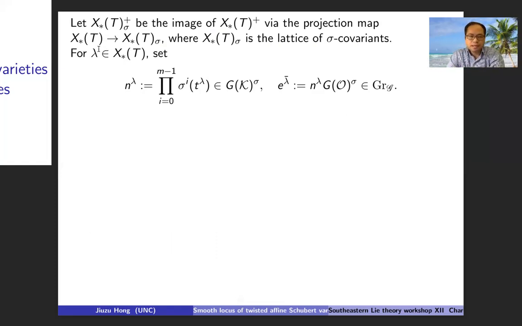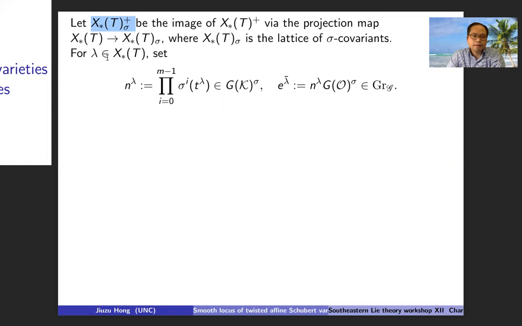So it induces an action on the coweight lattice X_*(T), and we have the projection map from X_*(T) to X_*(T) sigma, the sigma coinvariants. X_*(T)+ is the set of dominant coweights in X_*(T), and we can take the image in the sigma coinvariants, and the image will be denoted by X_*(T) sub sigma plus. So this is notation.